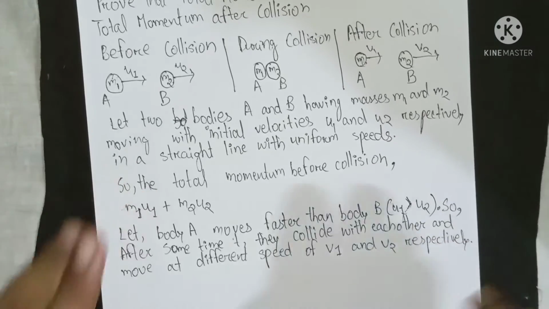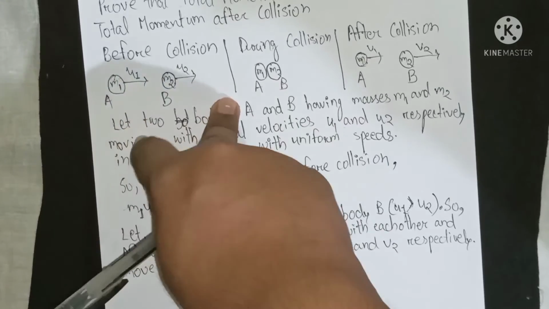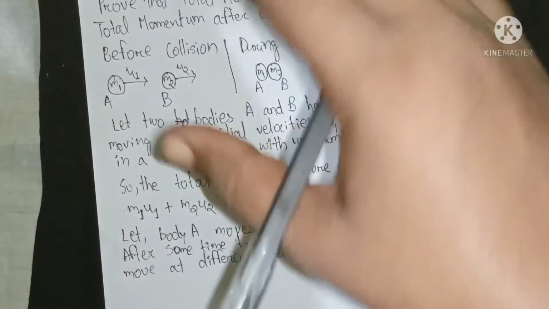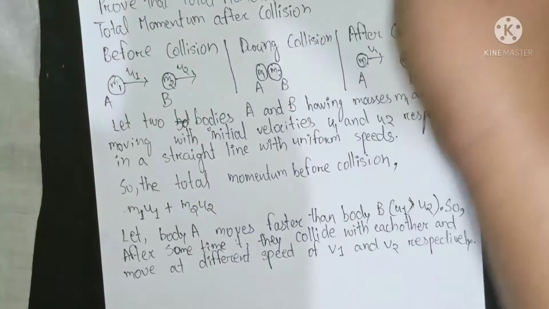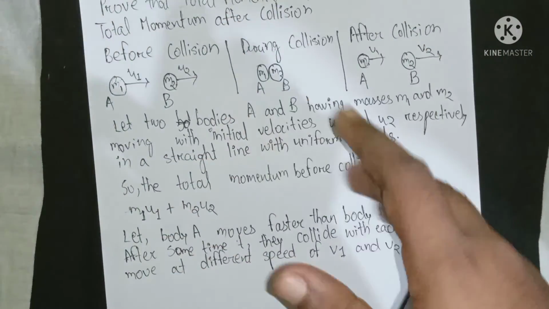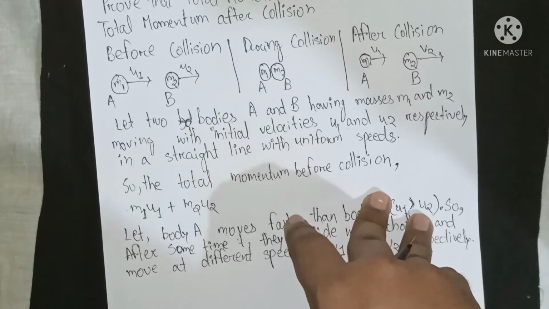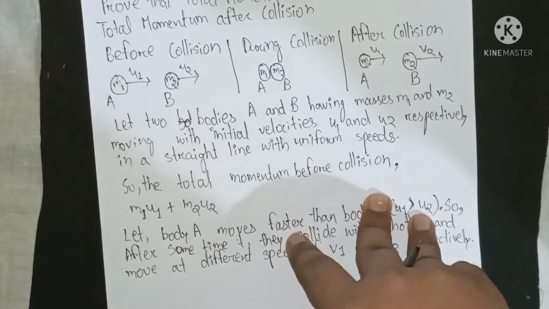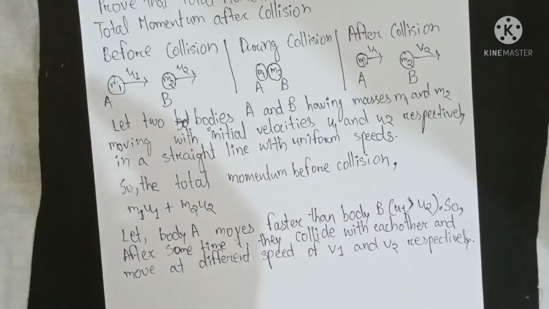So what happened here is that after the collision their velocities change, and they change non-uniformly. You can say they are non-uniformly accelerated bodies, because in a collision there is very little chance that they accelerate uniformly.